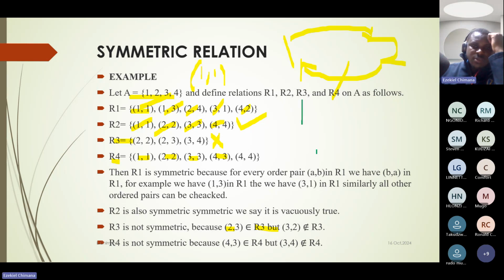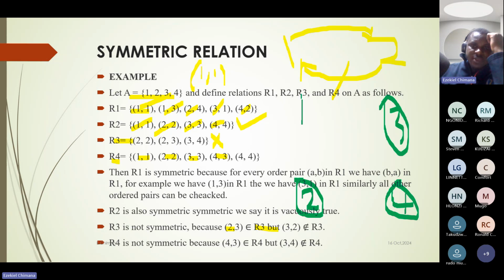So I've got 1, maybe 2, maybe a 3 here, maybe a 4 here. Normally you circle them. This is a directed graph. This is how you draw a directed graph. So let's look at R1.